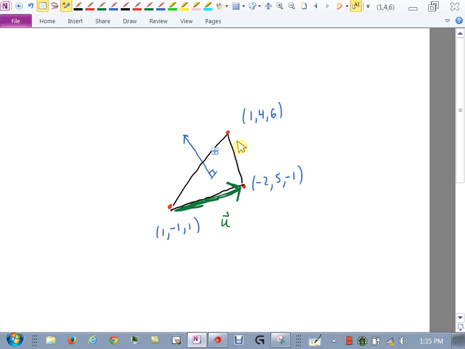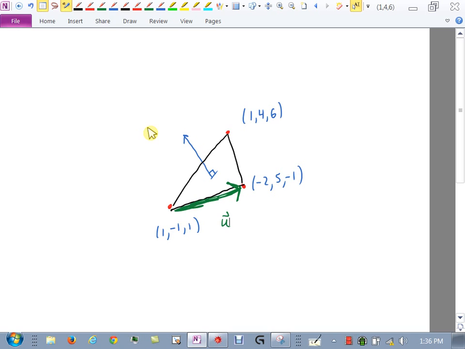I could do the vector that goes from here down to here, or from here to here. It does not matter because remember, we can always move the vectors so that they're tail to tail. And then cross them, no matter what, it's going to pop a vector out that's perpendicular to both. Therefore, it'll be perpendicular to the plane.